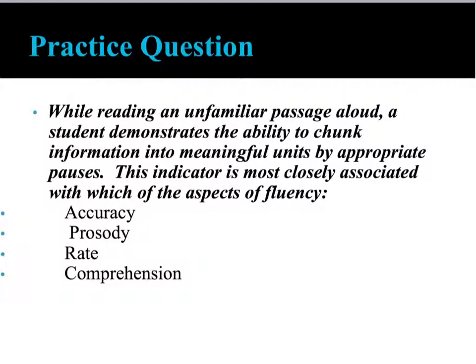While reading an unfamiliar passage aloud, a student demonstrates the ability to chunk information into meaningful units by appropriate pauses. This indicator is most closely associated with which of the aspects of fluency? A. Accuracy, B. Prosody, C. Rate, D. Comprehension.